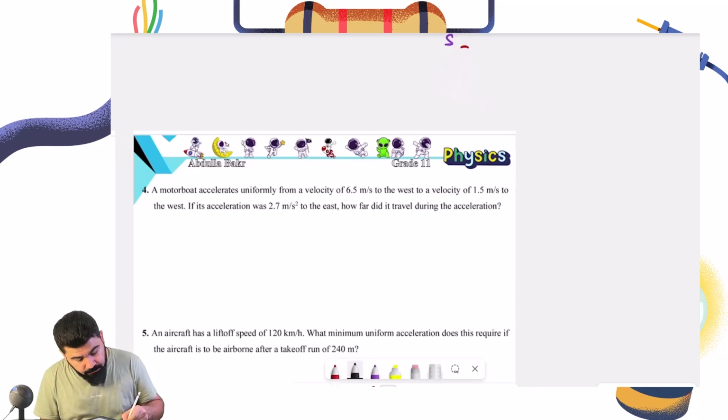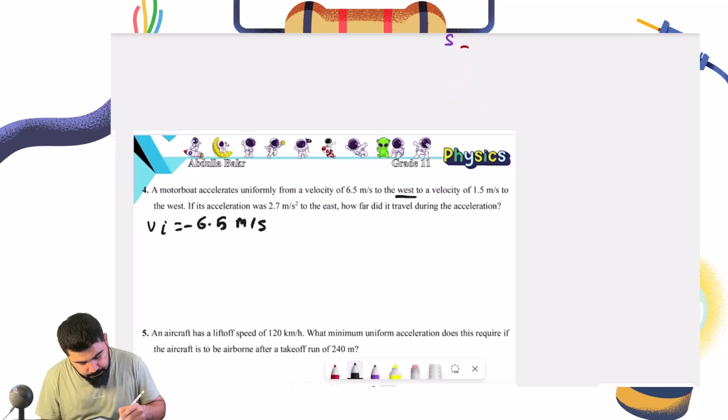So V initial is equal to, it says west. So west is negative, okay? So it's going to be negative 6.5 meters per second. V final is also to the west, so negative 1.5 meters per second.